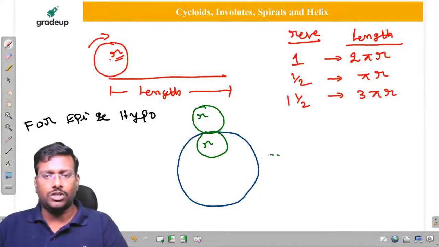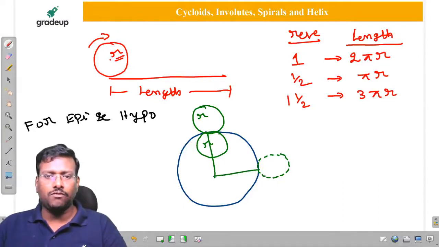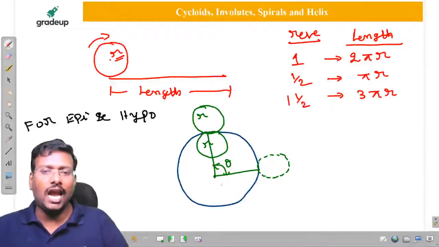Then for one revolution, how do I have to consider, sir? After one revolution, let us consider it reaches this position. Means we need this part of the circle only. This angle theta only is required. Then what is the angle?